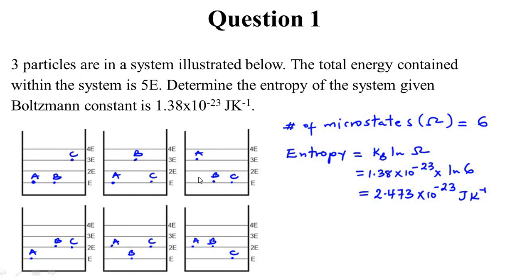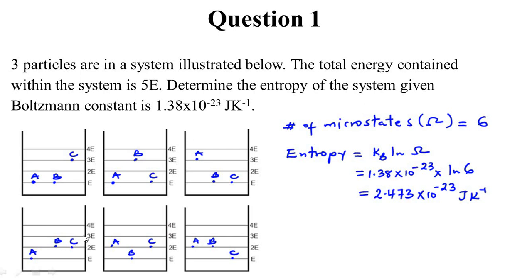And then you think of another situation where we have the particles settling with A at E, but then the rest at 2E. So that will be 2 plus 2, that's 4, plus the 1 at E, that's 5. Remember, the total is supposed to be 5E as our total energy of the particles in the system.